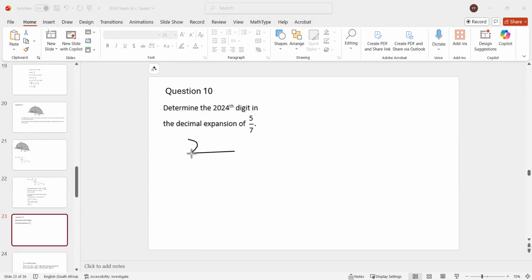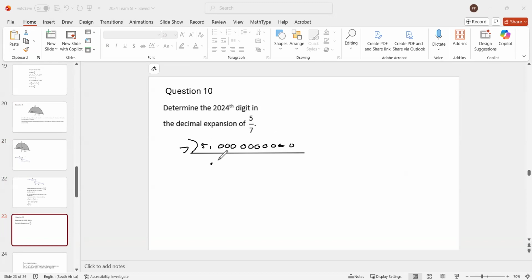So I'm going to write this as a decimal expansion. How do you do that? You have to divide 5 by 7. And 5, you put it as 5.000 and so on. I'm going to divide this by 7.